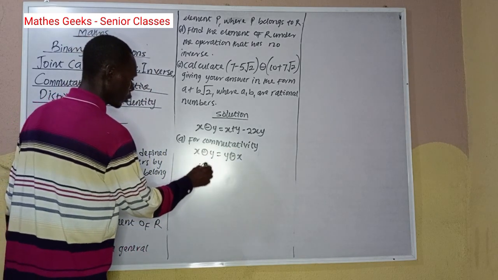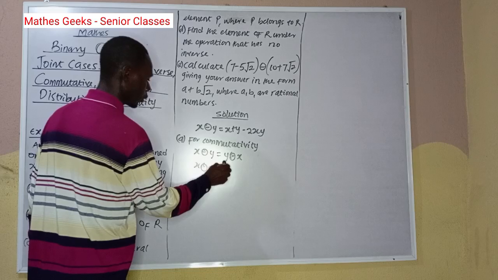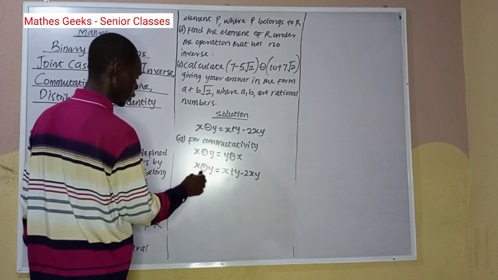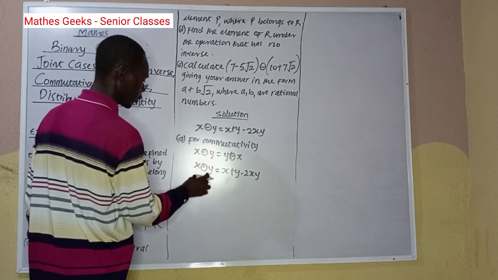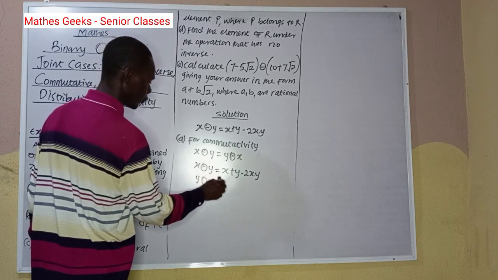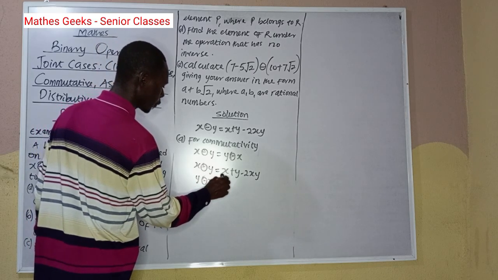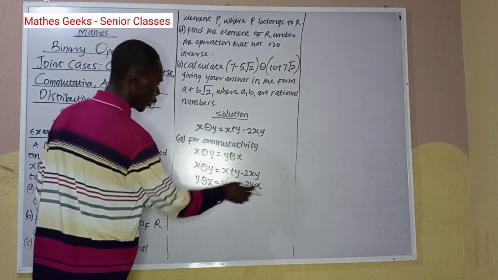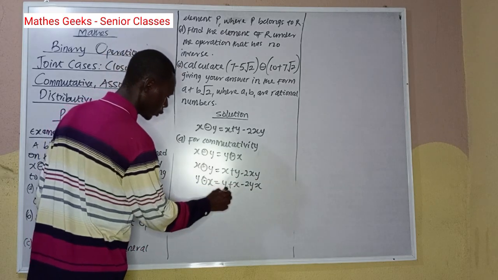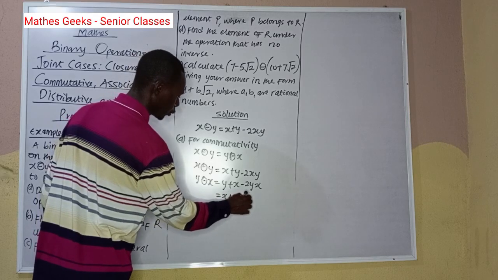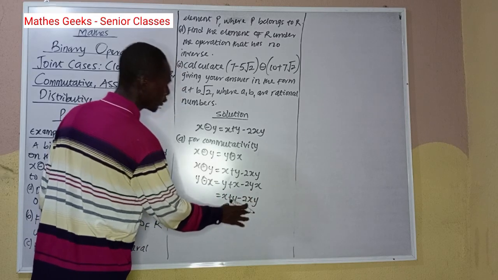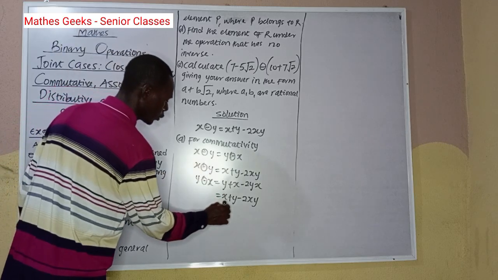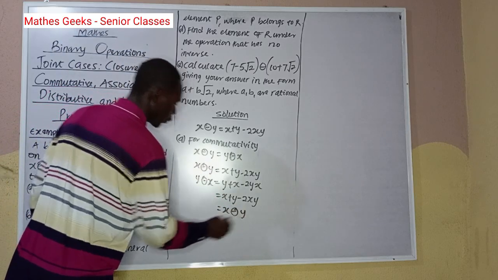Here x * y is given as x + y − 2xy. So what is y * x? That will give us y + x − 2yx. When we arrange the letters alphabetically, we have x + y − 2xy, which is the same as x * y.